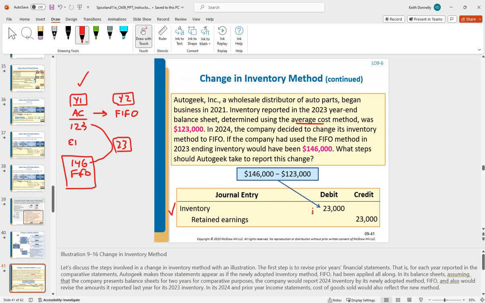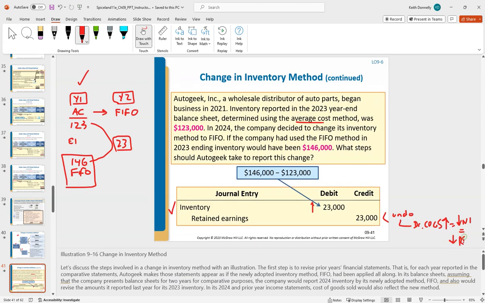In other words, because we're putting our inventory back on the books, we have to undo the journal entry when we sold it: debit cost of goods sold, which increases expense, decreases net income, and decreases retained earnings. So this entry is going to undo that decrease in retained earnings through a credit.